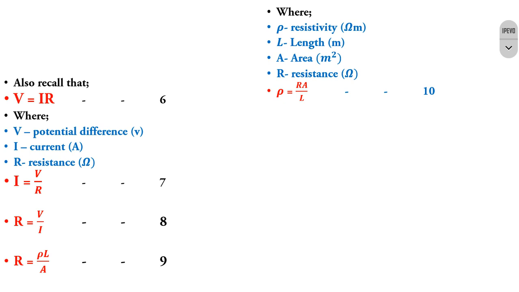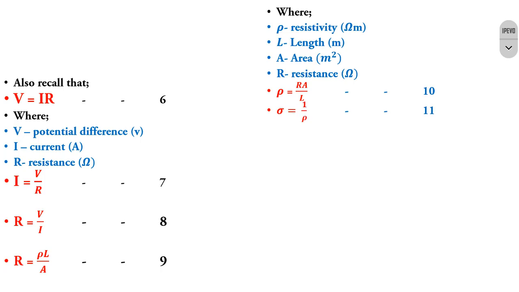So if we are to make resistivity the subject from equation 9, then we will generate equation 10. I am not telling you to cram it. I just want you to know how this could be deduced. So when you are writing an exam, you should be able to generate this expression on your own rather than memorizing or cramming.